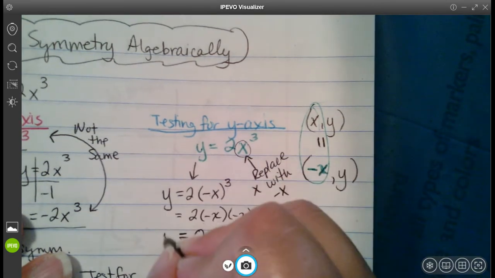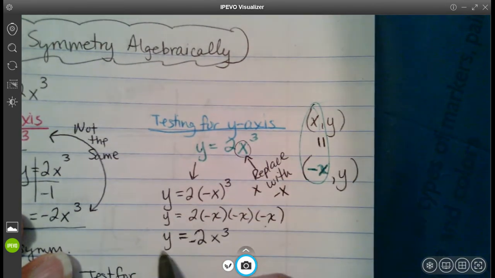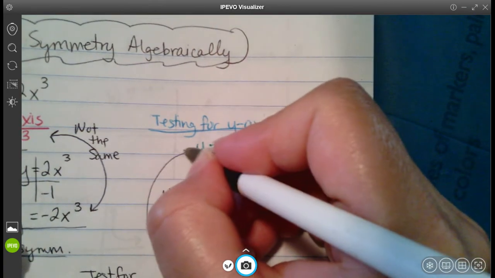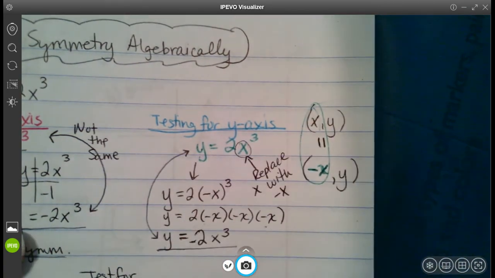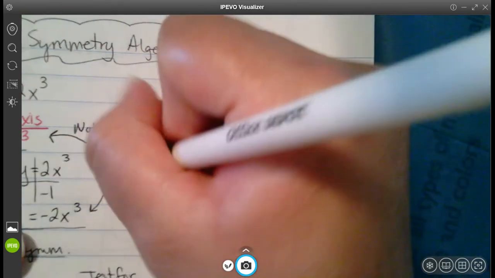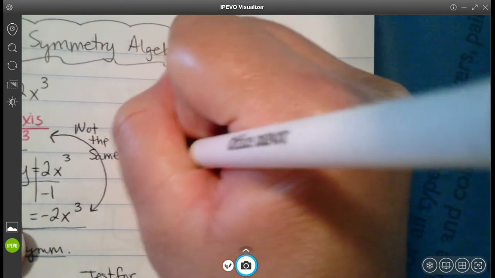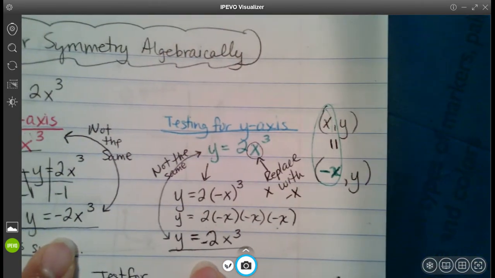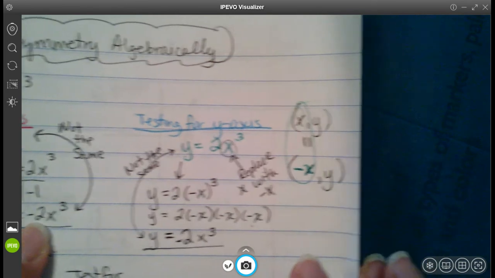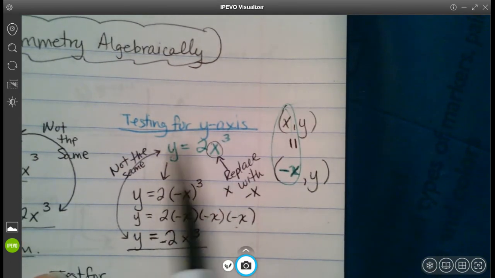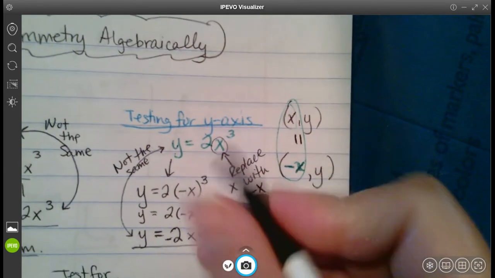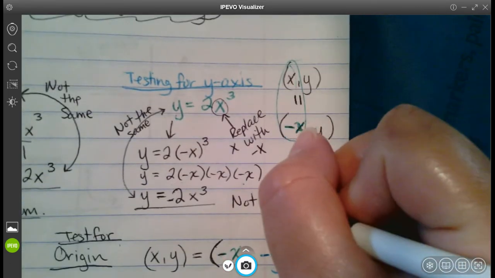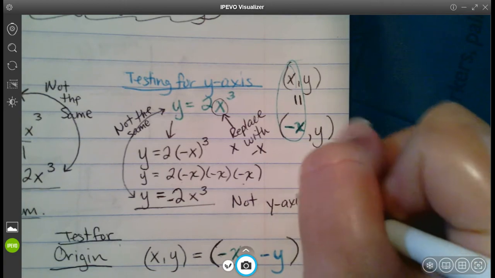I'm just going to bring down my y. And this is my end product on this one. If I compare to the original again, we can see that they are not the same either. It's the same as what I got over here, but that doesn't matter because I'm comparing to my original equation here. So that means that this is not y-axis symmetry either.